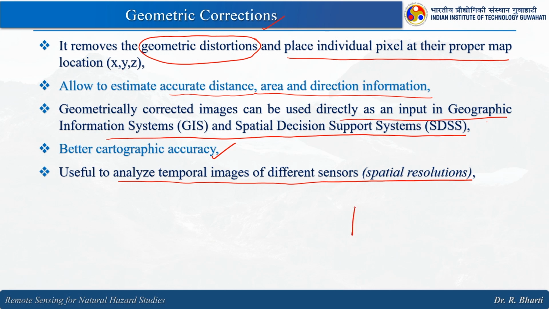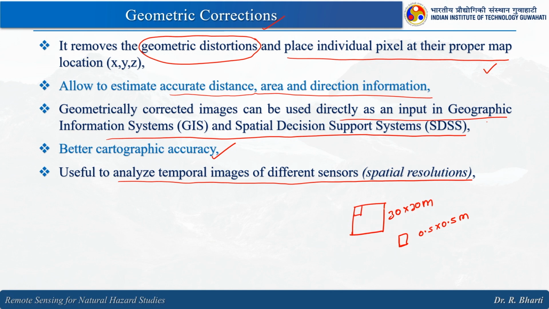Let us say 1 pixel is 30 by 30 meter, right. Another pixel is 0.5 by 0.5 meter. So when we are having the proper map location and the shape of the pixel, what will happen? This will go and it will sit over its own position, right.